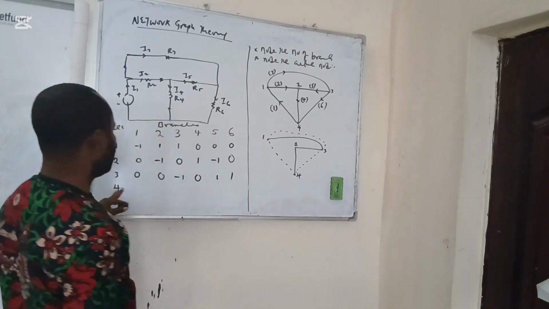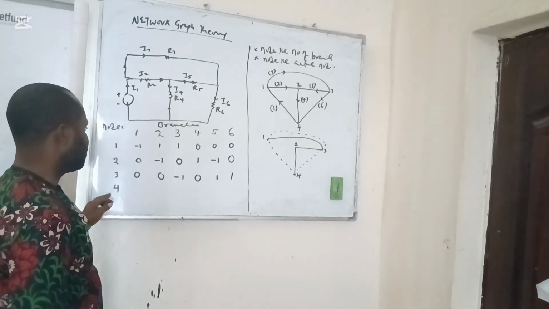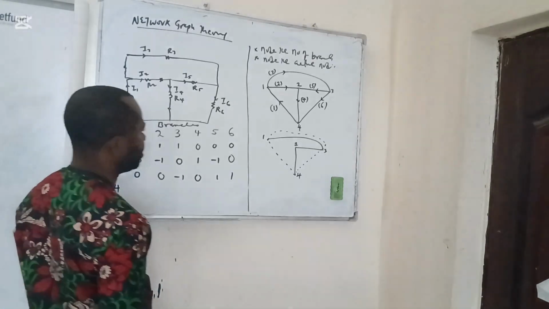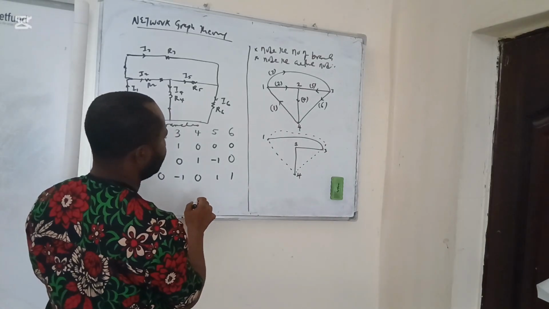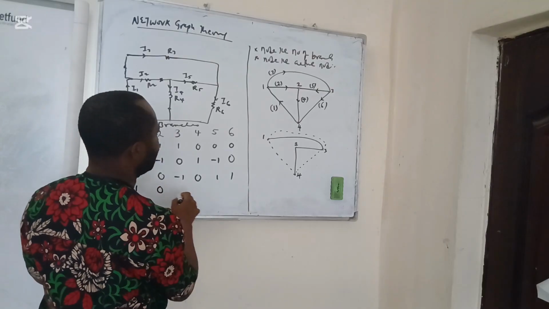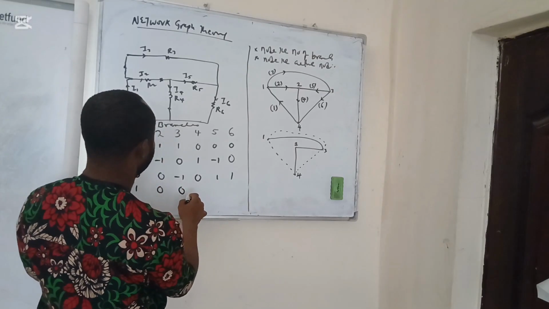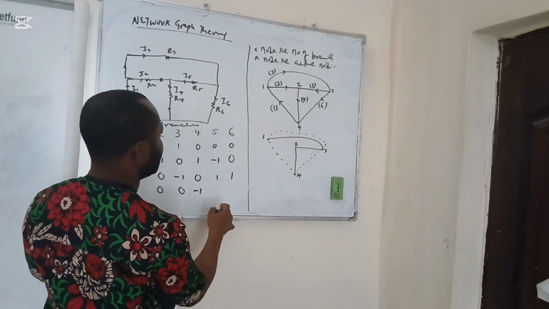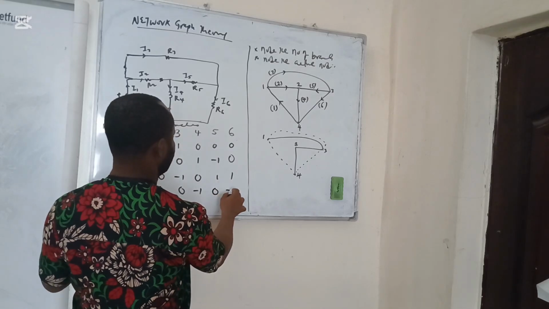So in this case, we also look at the situation of node 4 and the rest of the branches. So at this point, we look at 4. This is 1. It's moving away. Branch 2 has nothing to do. Branch 3, nothing. Branch 4 is moving towards, branch 5, nothing, and branch 6, this.